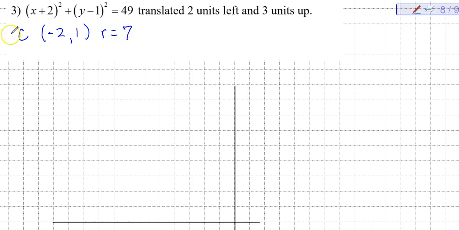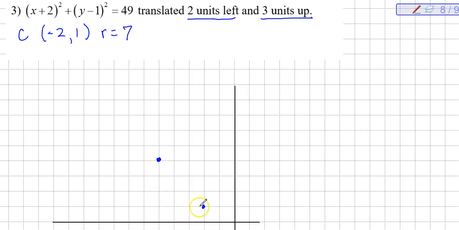Okay, so I want to take this circle that right now is centered at -2, 1, and has a radius of 7, which I don't feel like drawing. And I want to shift it, including its center, 2 units left and 3 units up. Couldn't I just shift this point 2 left and 3 up? Where am I?